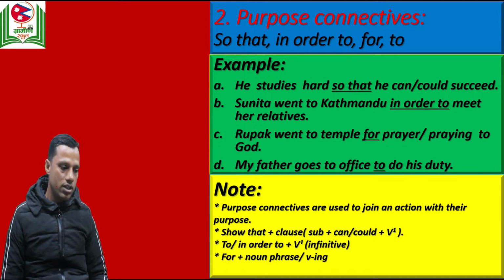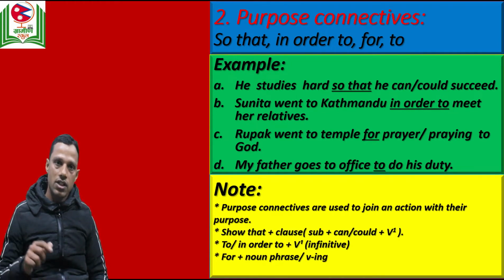Next point, so that plus clause. It means so that is used with a clause. So whenever you are choosing the right connective, you should notice whether there is a clause or a noun phrase after the blank space, right? And the next one, to or in order to, is used with the infinitive form.